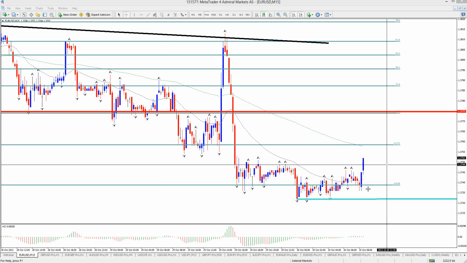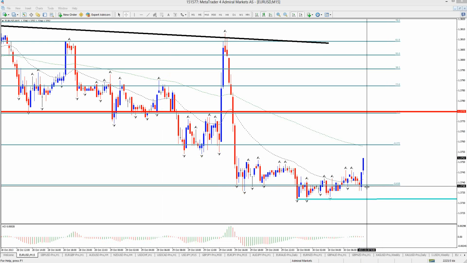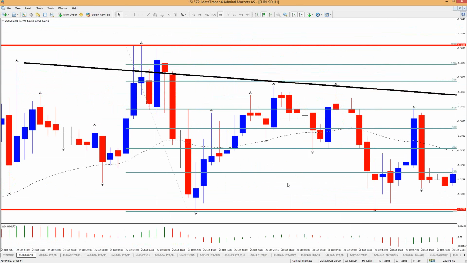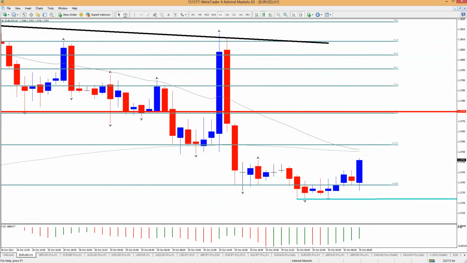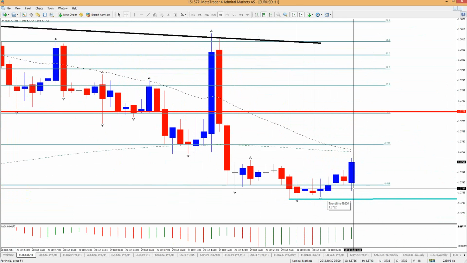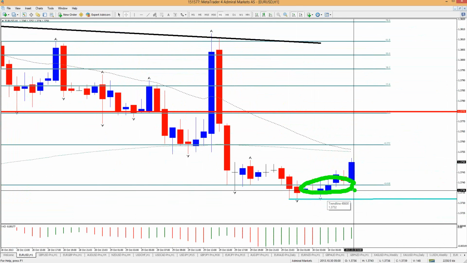So the euro dollar is getting some continuation of that bounce off the bottom. For those of you who are wondering, one of the reasons why I thought it would do that is that if you look at the time factor, it was already hanging here for so many hours, and this impulse looks finished to me.